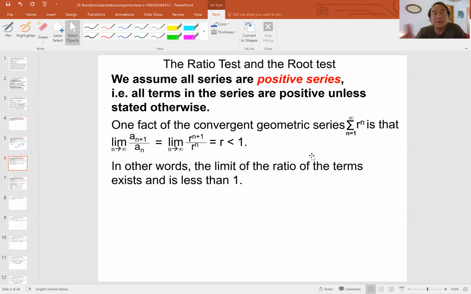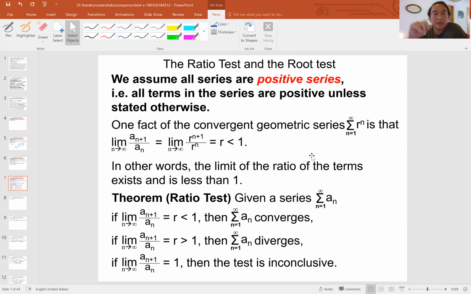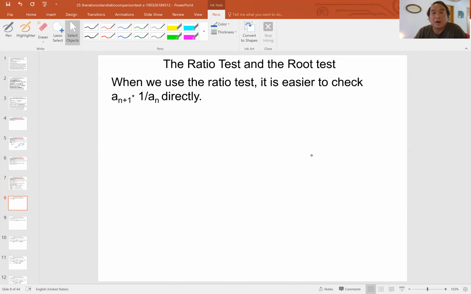I can have the limit. So the ratio test says if you take the ratio of terms one after another, and the ratio becomes more or less stable, equal to some r, then this particular series is almost geometric. You might have some components in there that don't quite fit.